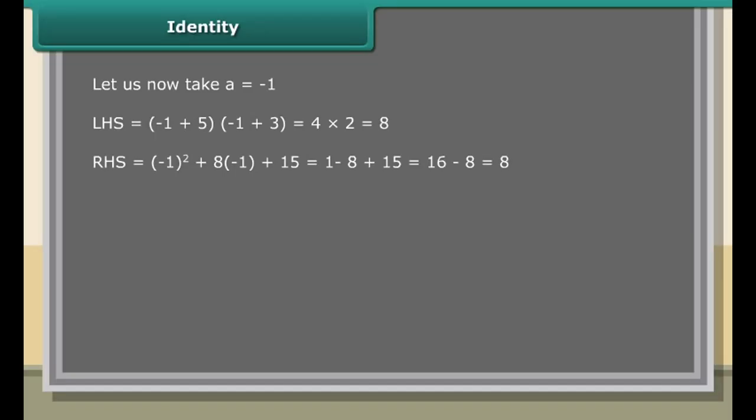RHS is equal to (-1)² + 8(-1) + 15, which is equal to 1 - 8 + 15, which is equal to 16 - 8, which is equal to 8. For a = -1, LHS is equal to RHS.